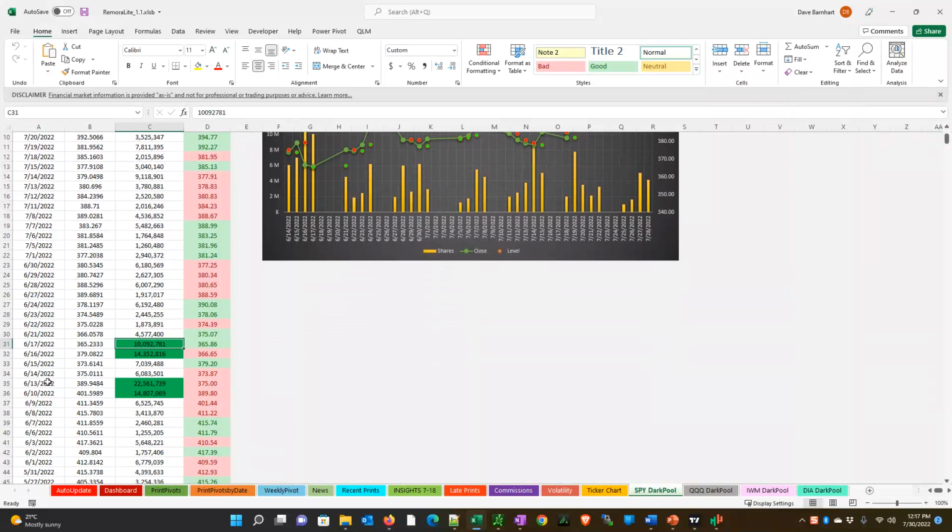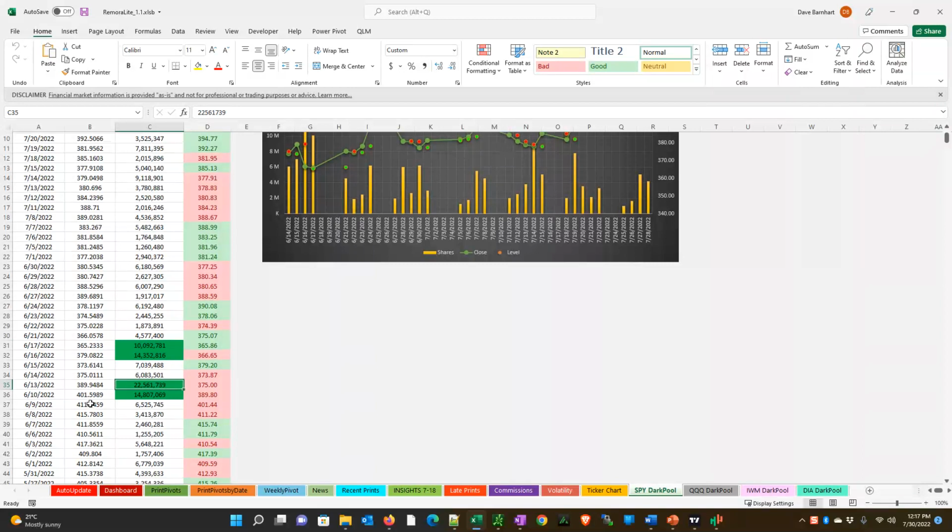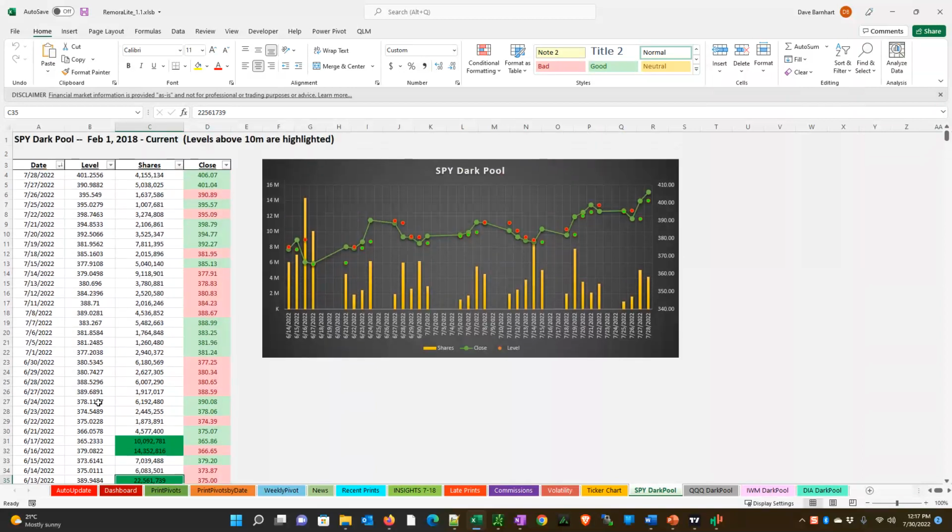So this was a big level for us when we broke 390 last week. That was a 22 million share size. And I don't know what that is in dollars, but it's more than $1 billion. So the importance of these sorts of trades are lines in the sand. Those are the institutional commitments.